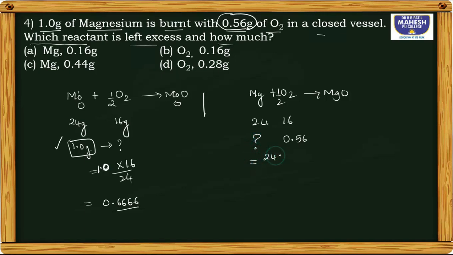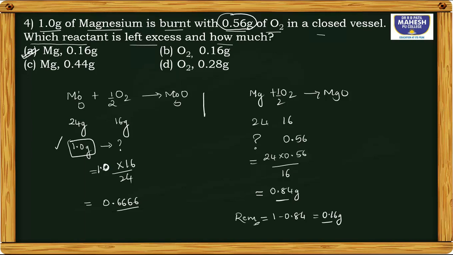So 24 into 0.56 divided by 16, and if I solve this, I get 0.84 grams. So only 0.84 gram is going to react. The remaining is 1 minus 0.84, that is nothing but 0.16 gram. So magnesium is in excess and the remaining is 0.16 gram.